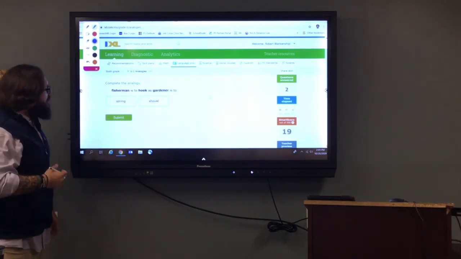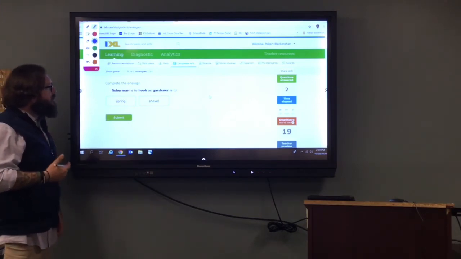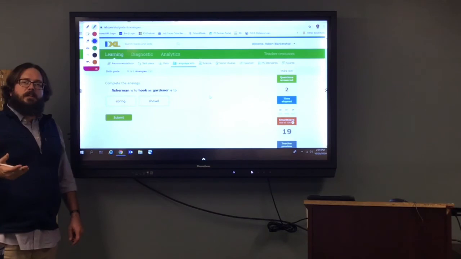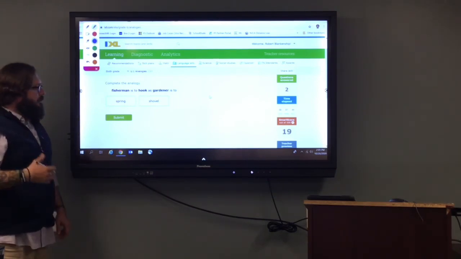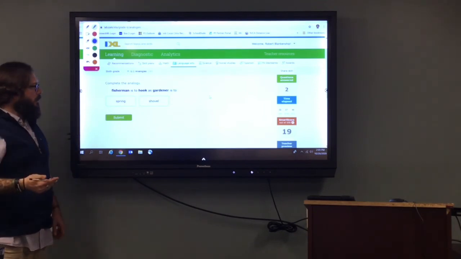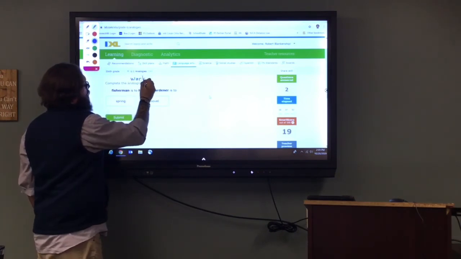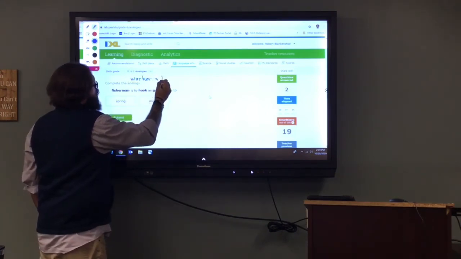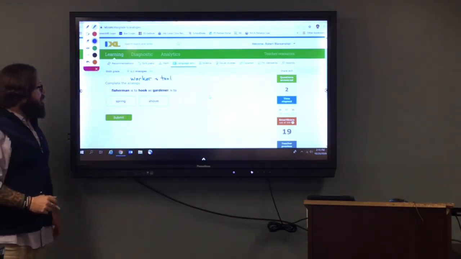All right, now we have fisherman is to hook as gardener is to spring or shovel. Let's think about the relationship of fisherman to hook. So this is the worker and tool relationship.